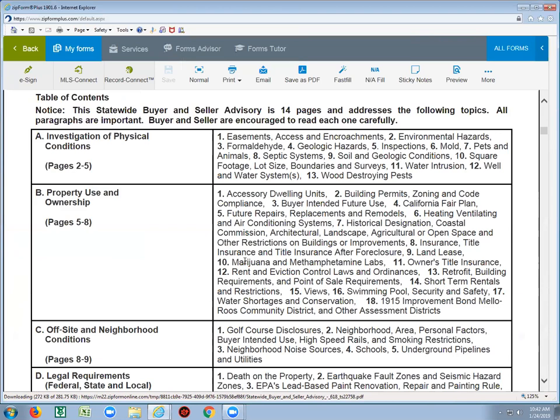Boundary and survey: if you need to know your boundary, you have to find a surveyor to do it for you. Water intrusion, water leak, anything. It could be from flood, rain, or plumbing. Well and water system, underground water. And the termite. B, the property use and ownership.